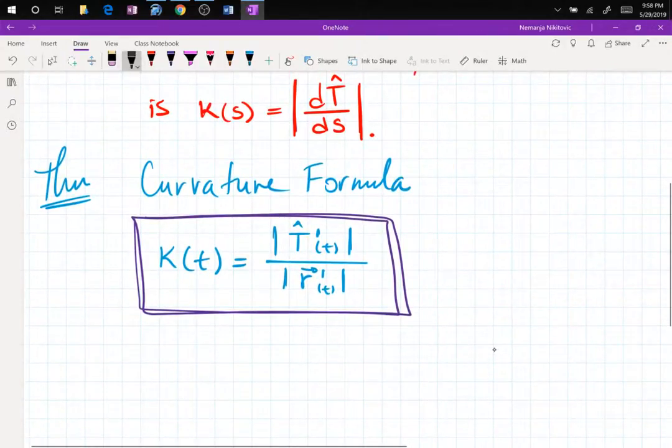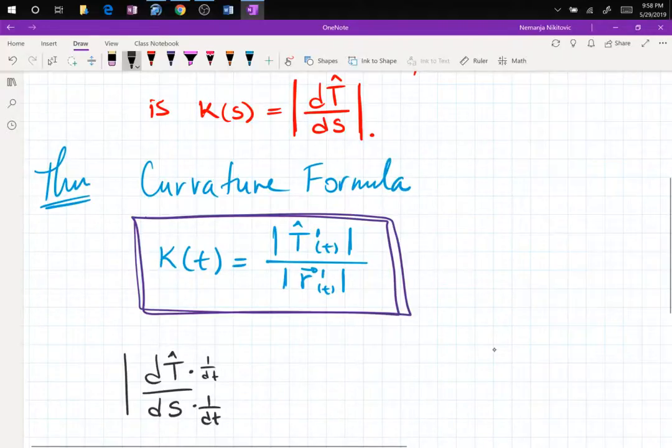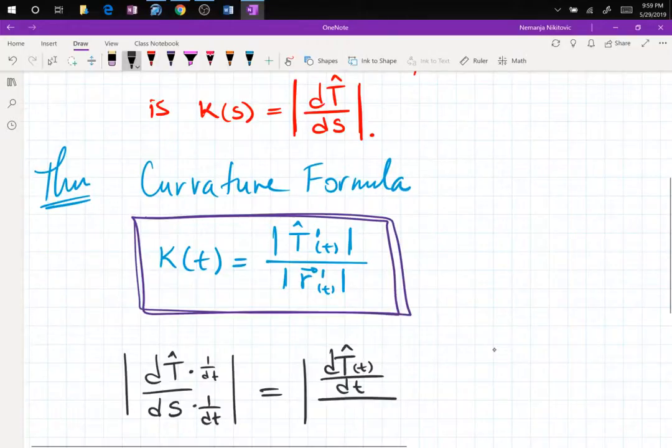If you're interested in the derivation, what you are going to do is multiply by 1 over dt. And what you get is T hat, dt over dt divided by ds dt.